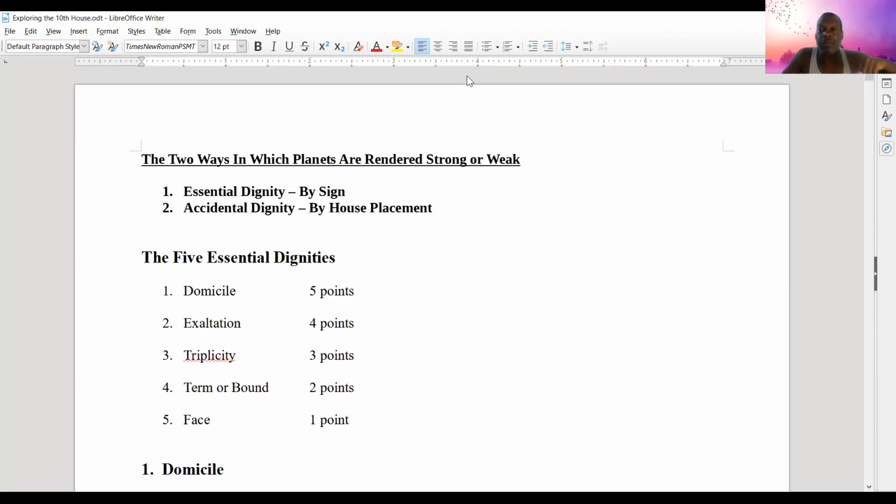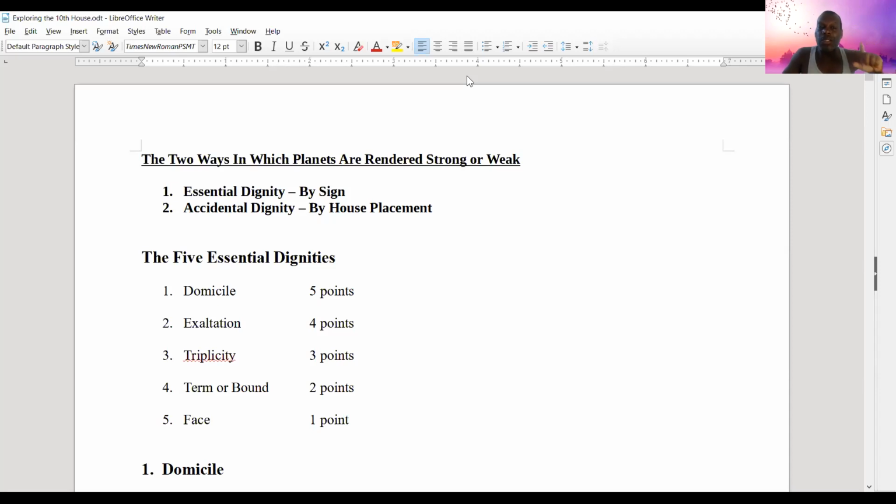This idea of these 5 essential dignities, that a planet in a specific degree, right? Because the degree is really important. So certainly the degree isn't important if a planet is in its own sign or if it's in the sign of its exaltation. Even in triplicity, which I'm just walking down the list here, not necessarily.